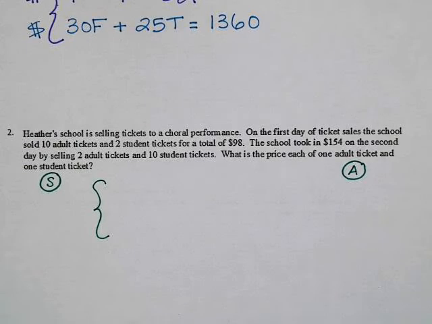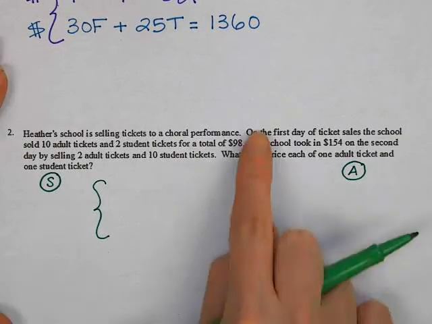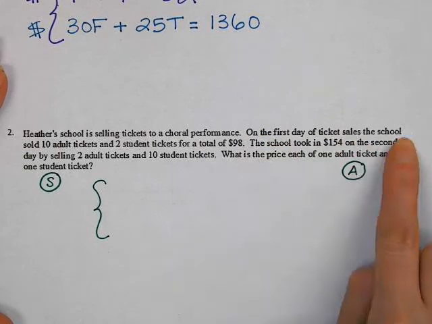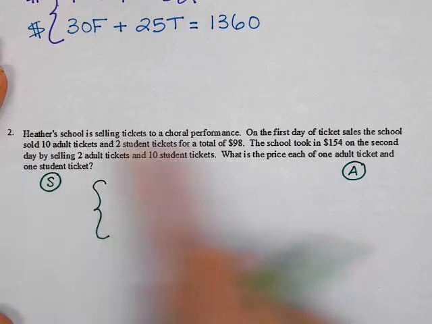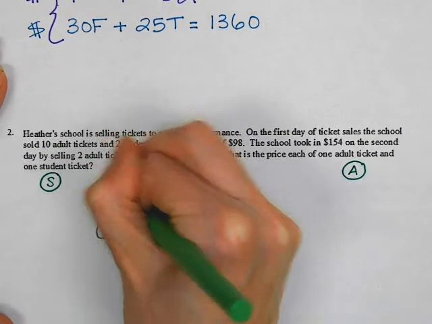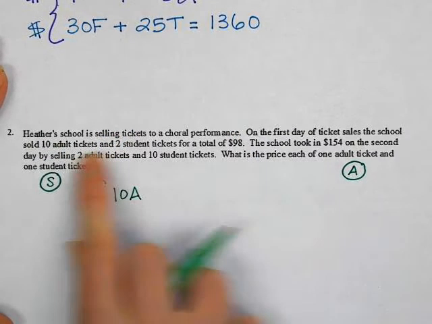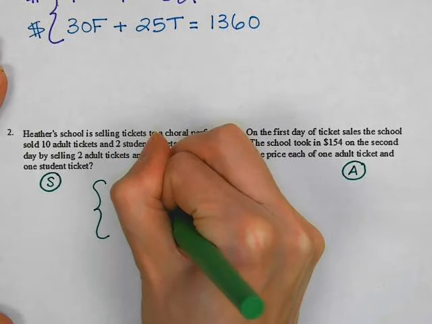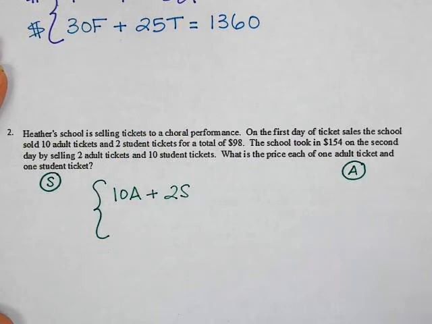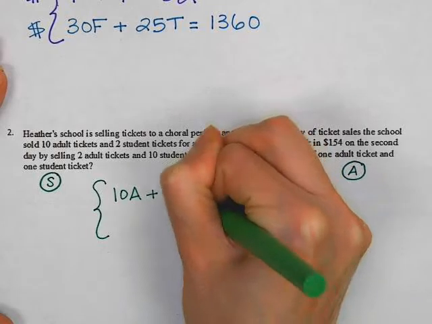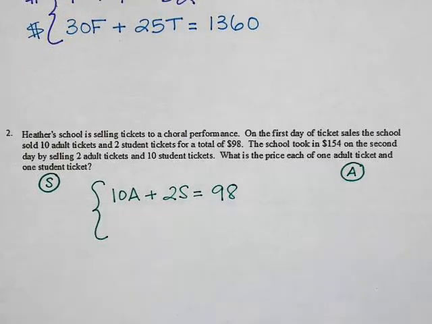Okay, so let's see what we got here. This one's a little bit different. On the first day of sales, they sold 10 adult tickets, so 10A, and 2 student tickets, so plus 2S, and then the grand total was $98.